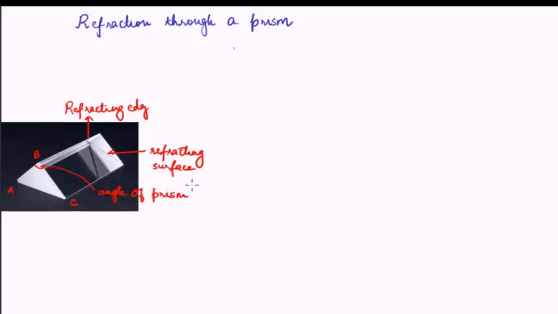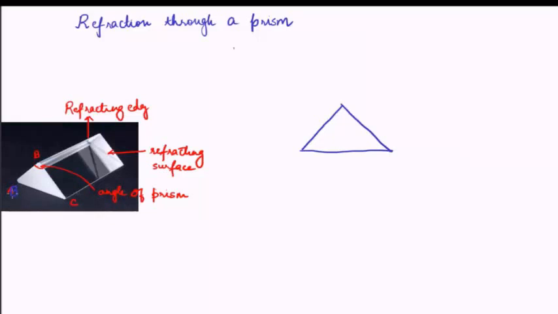Now the next step is to see how the refraction actually takes place through a prism. To understand that, you have to figure the front surface, the principal plane, that is ABC.